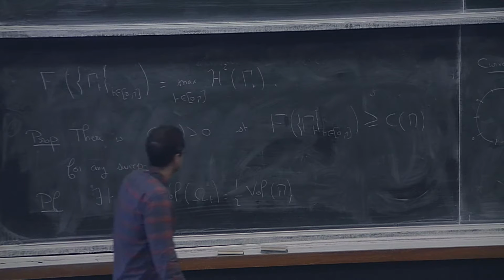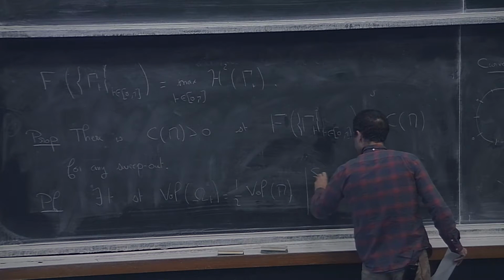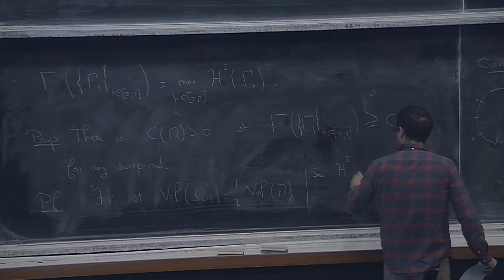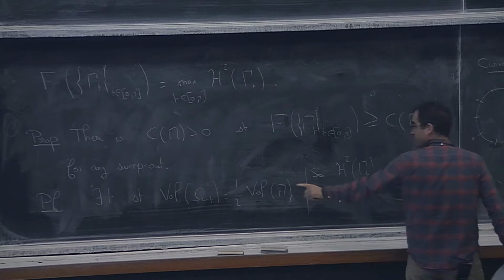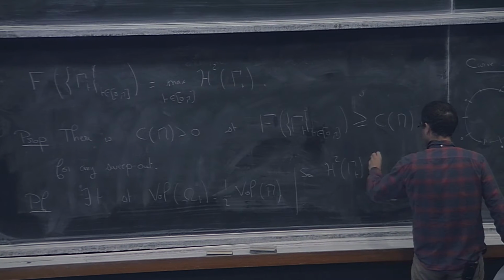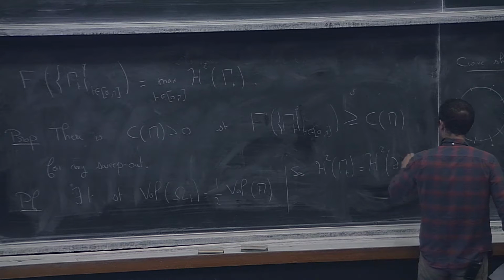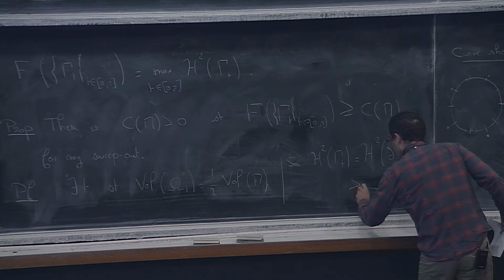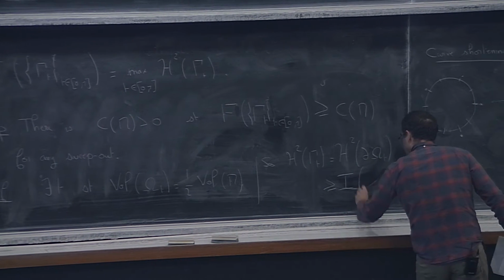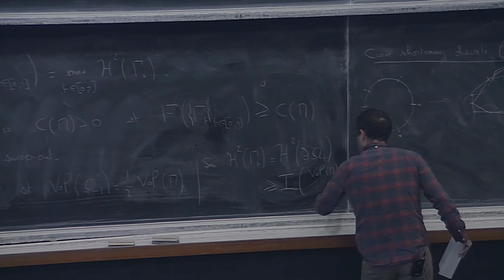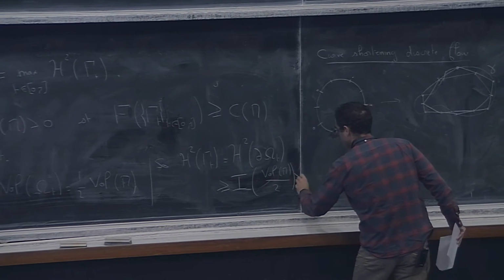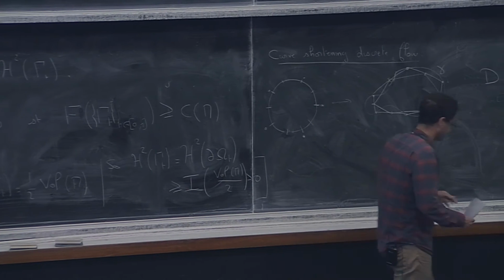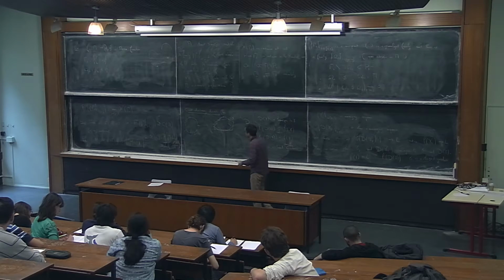And now what you can see is that the measure of gamma sub t for that particular value of t is just the measure of the boundary of omega sub t. But this is exactly what you are looking at when you look at the isoperimetry of your manifold. It's larger than the isoperimetric profile computed at volume of M divided by 2. And this is positive. Okay.